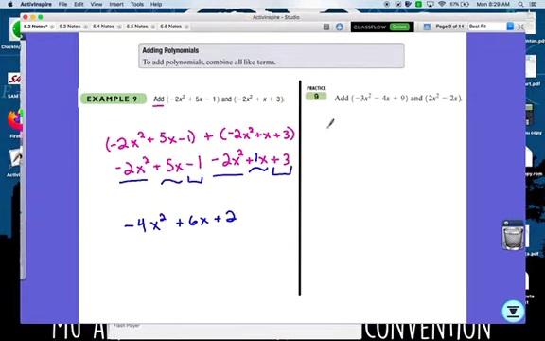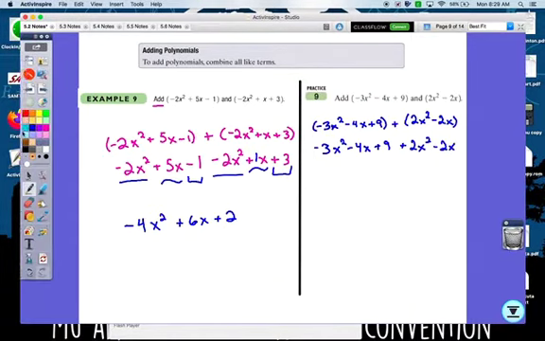Pause it. All right, here you go. I'll have negative 3x squared minus 4x plus 9 plus 2x squared minus 2x. I can drop the parentheses. Negative 3x squared minus 4x plus 9 plus the 2x squared minus the 2x.